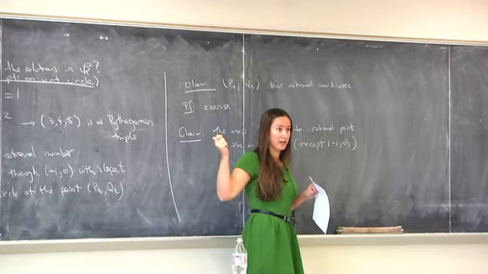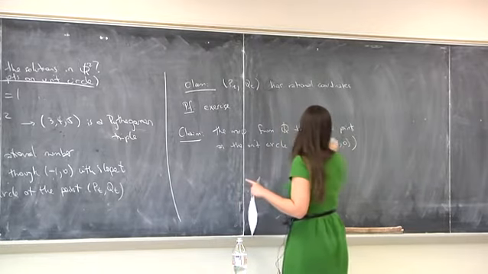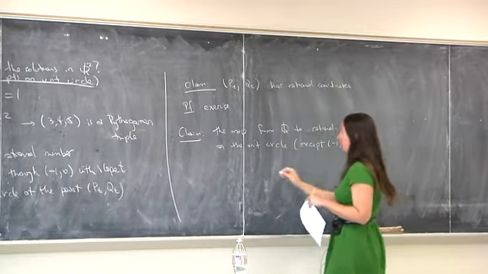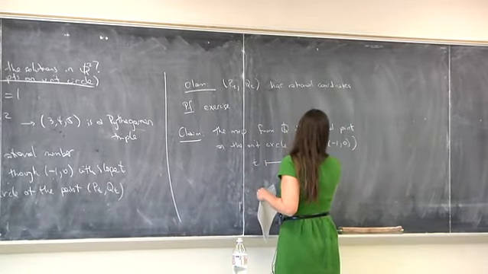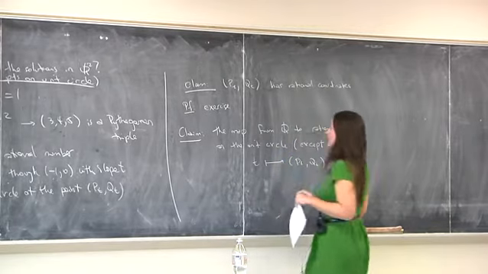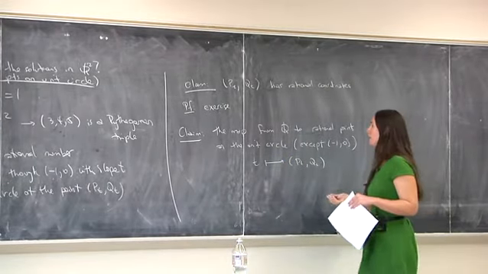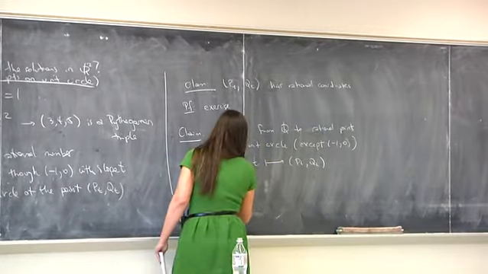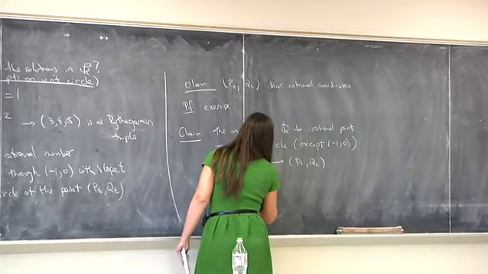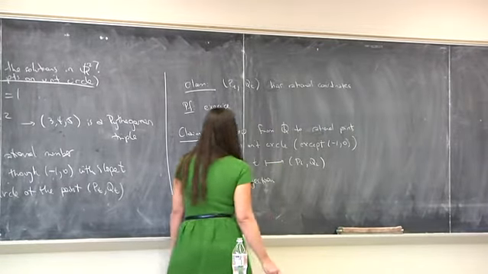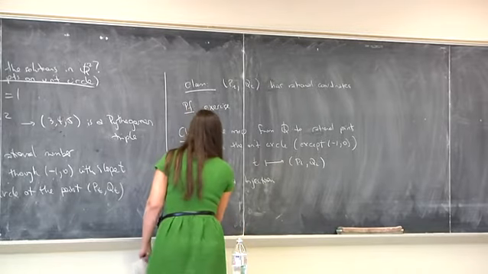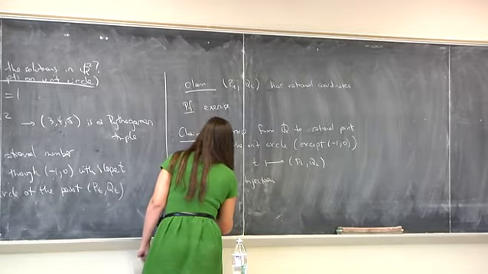Do you guys agree with that? Okay. And so the map that goes from Q to rational points by taking t and mapping onto (p_t, q_t), as I just drew over there, is a bijection. And so proof, homework number 2.